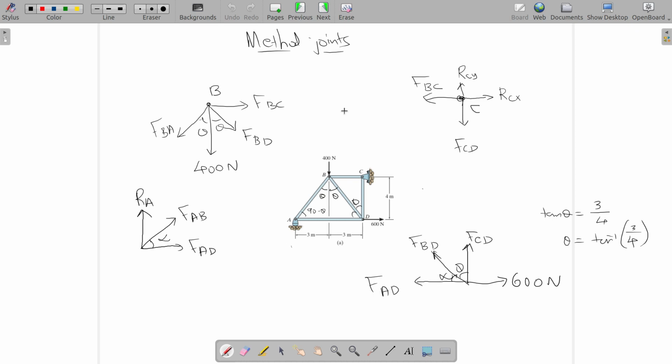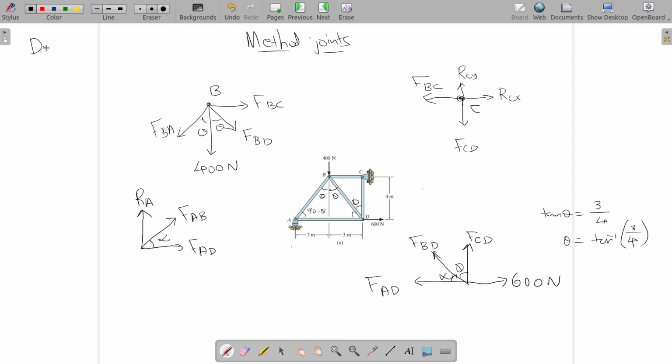So here, what is the strategy? Consider the structure, I'll write here, there's no space here.